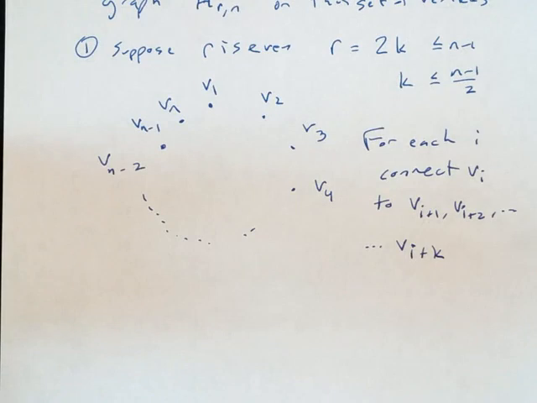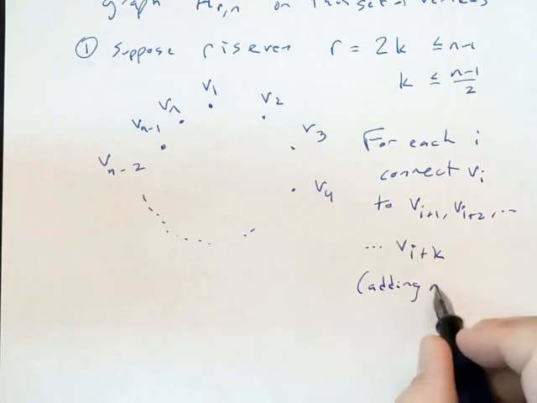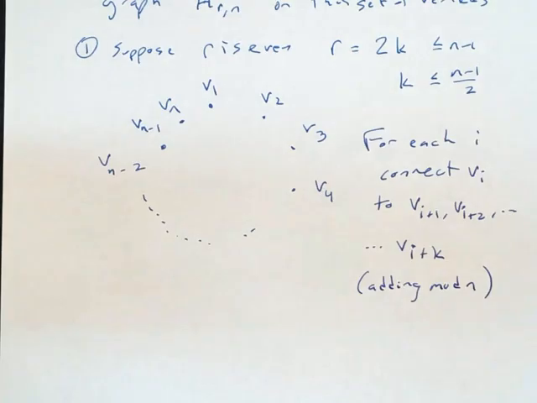And I'm going to do that addition mod n. So let's say that r is 4 and k is 2.